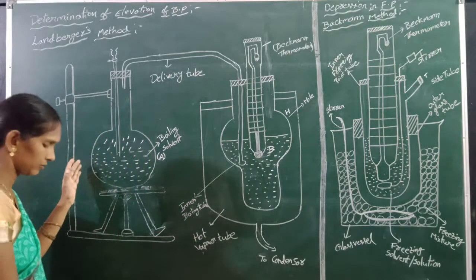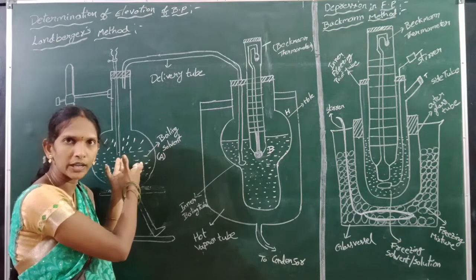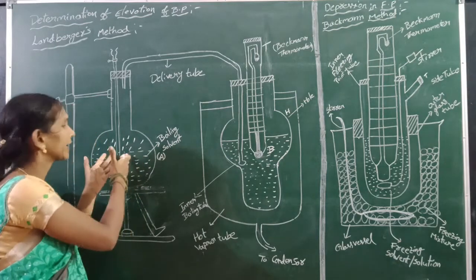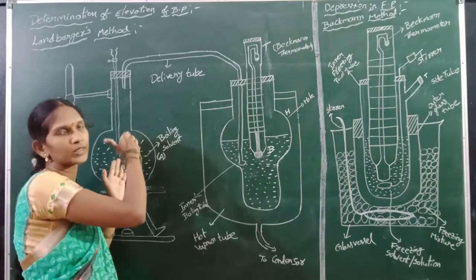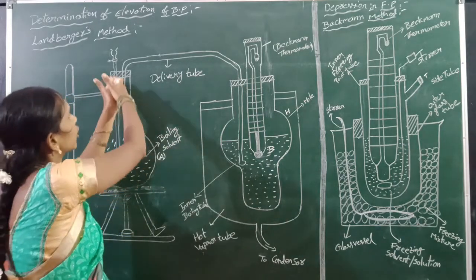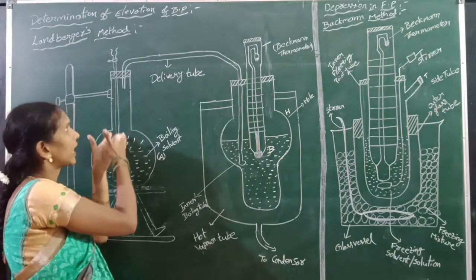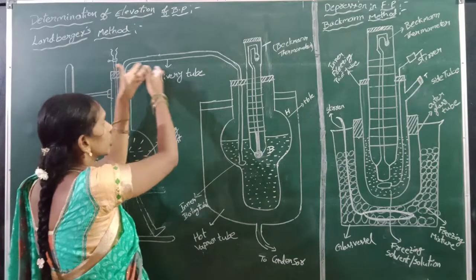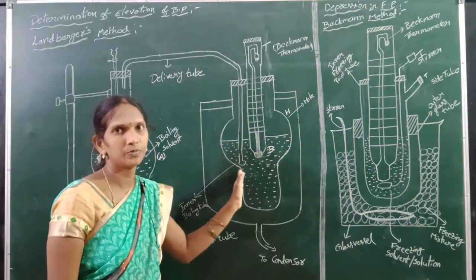In the boiling flask we get vapors of the solvent. These vapors are passed through the delivery tube to the inner boiling tube.